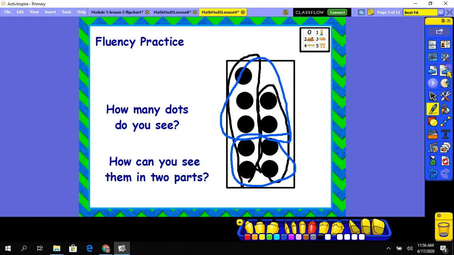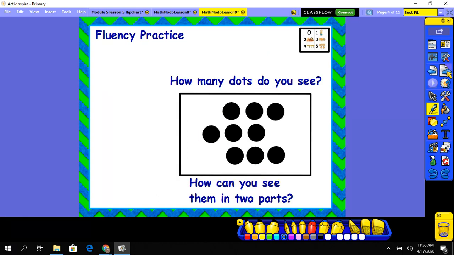Let's look at another group of 9 dots. How many dots do you see? 9. How can we see those as two parts? Great job. Some people said, I see 3 dots on top and I see 6 dots on the bottom. 6 and 3 make 9.